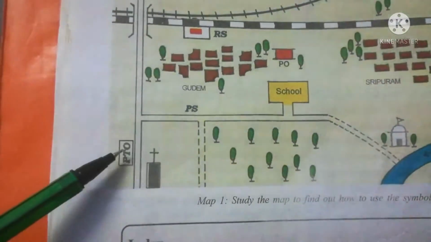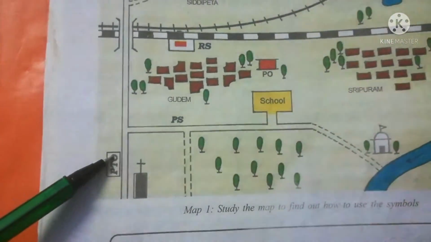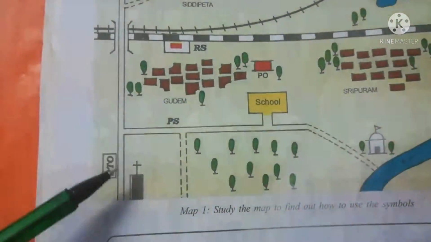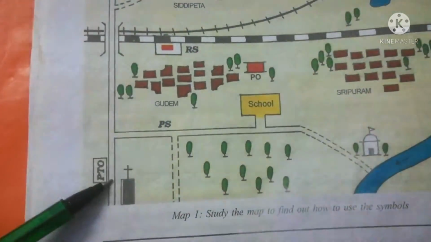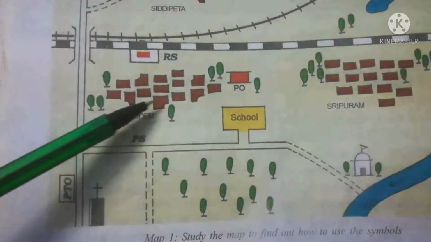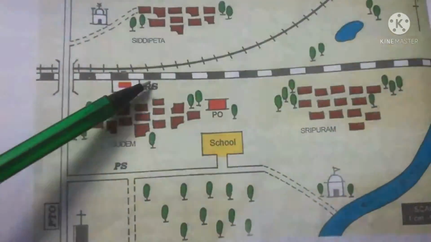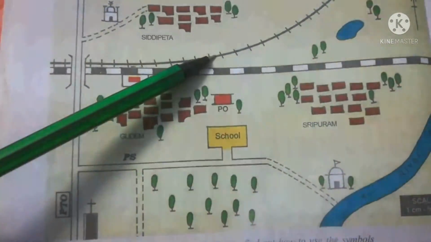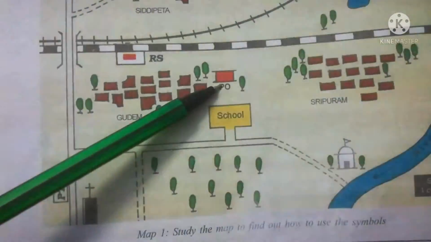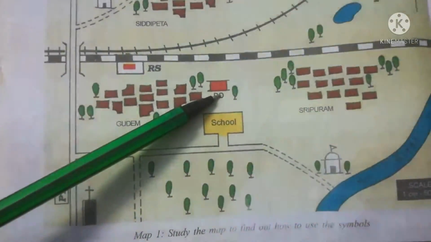PTO means Post and Telegraph Office. What is the full form of PTO? Yes, Post and Telegraph Office. This symbol is for a settlement. This symbol is for broad gauge railway. PO means post office, etc.